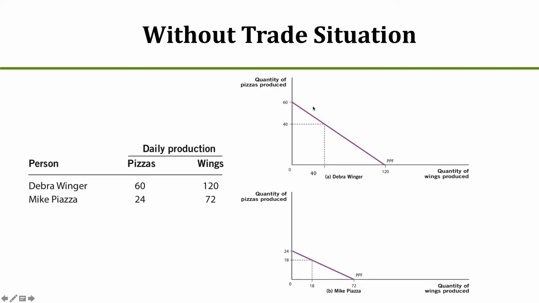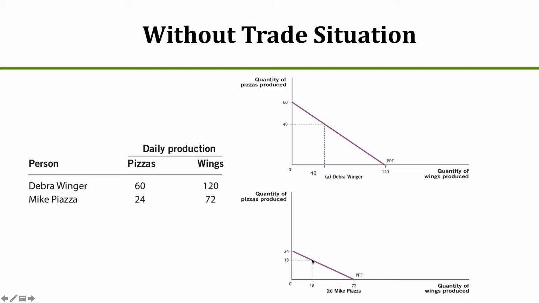And as you can see, when I combine the extreme cases, remember 60 and 100 for Deborah, 24 and 72 for Mike. So instead of staying on these extreme ends, I picked a point on the PPF, and I say that they are producing on these points, let's say A and B for now.